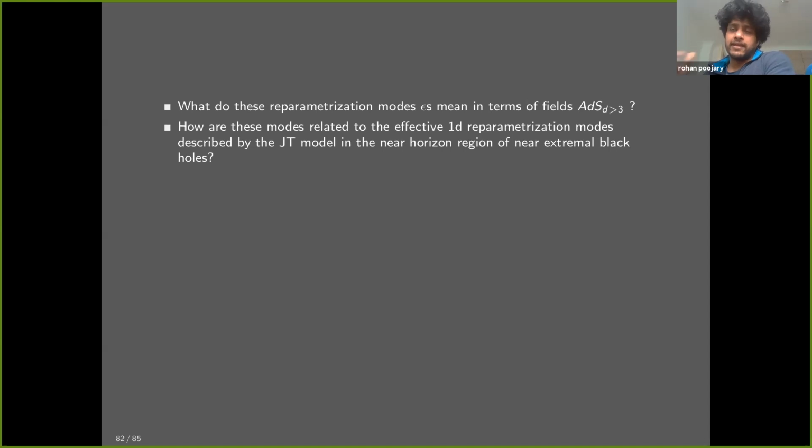Suppose they exist in d-dimensional CFTs, and they do give the conformal blocks in even d-dimensional CFTs. Then what do they mean in the bulk? There is already a JT gravity effective description which explains chaos close to extremality in the near horizon region. So how do these modes connect to that in the near horizon, near extremal limit? Whatever their description in the bulk, they should also merge into these JT modes and complete the story over there.